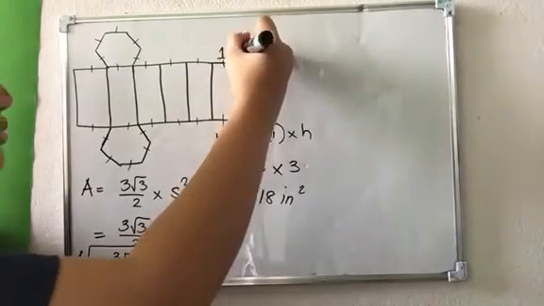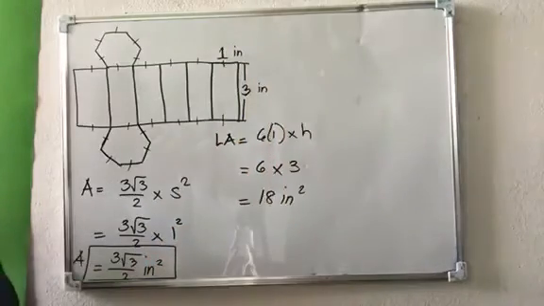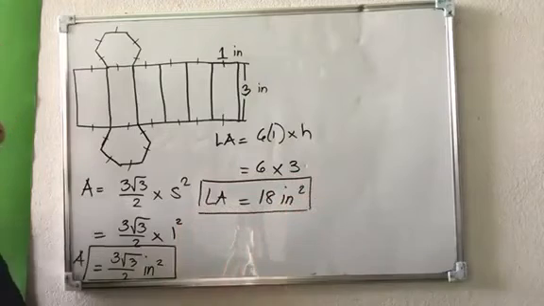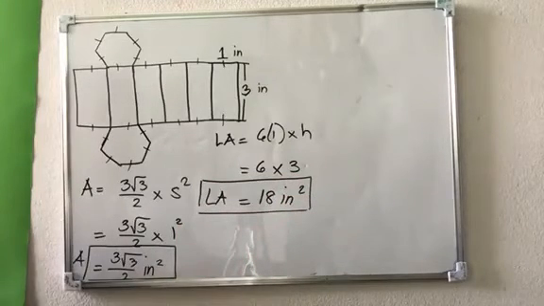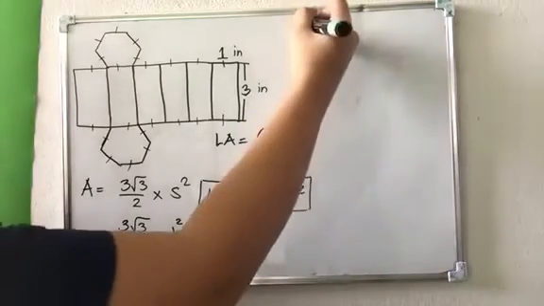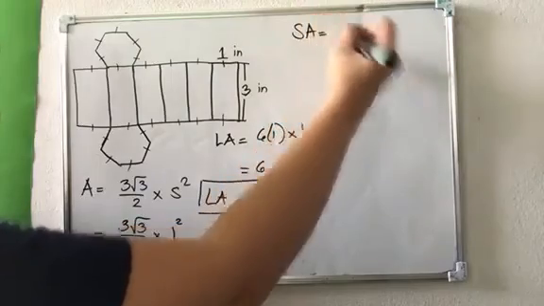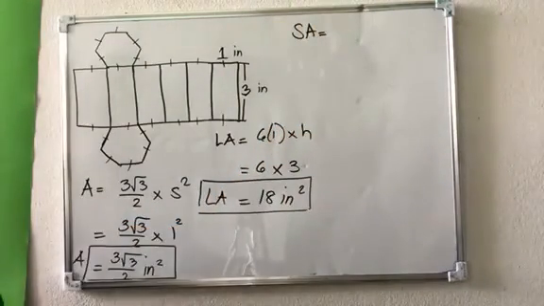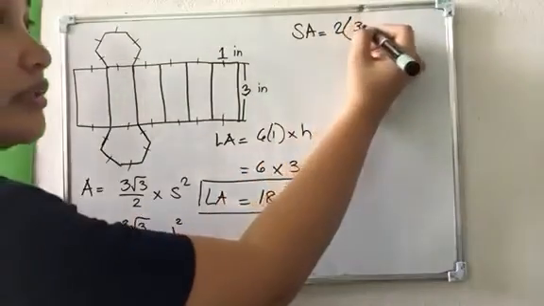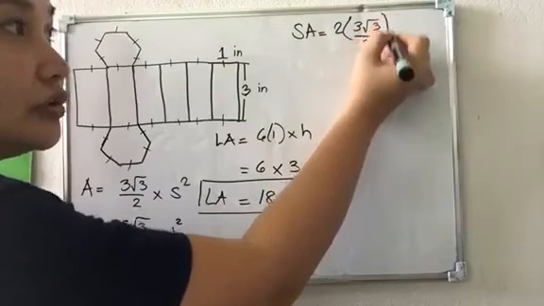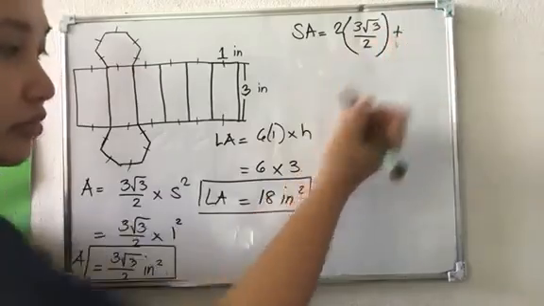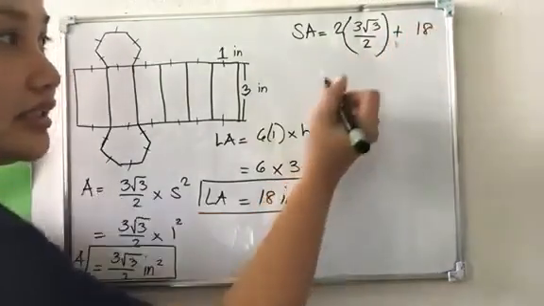Okay, we now have the area and the lateral area. So let's solve for our surface area. Our surface area is 2 times 3 square root of 3 over 2, plus our lateral area, which is 18.